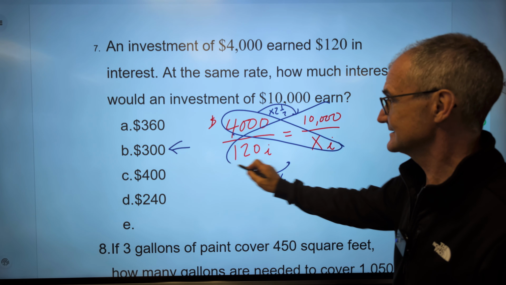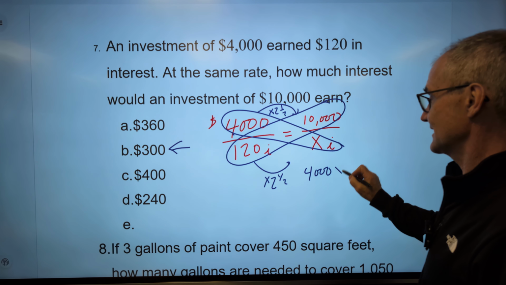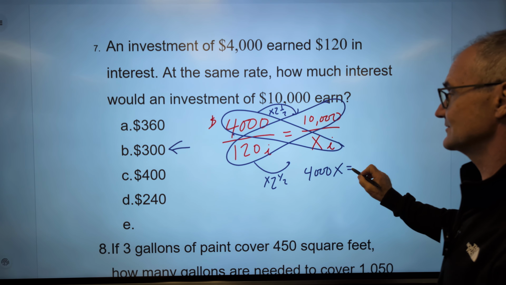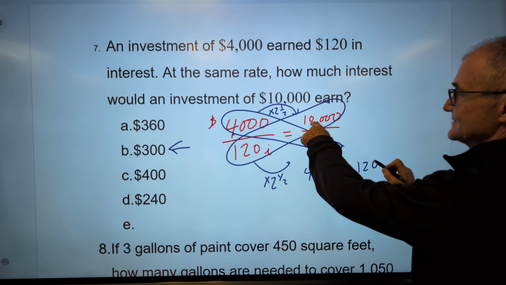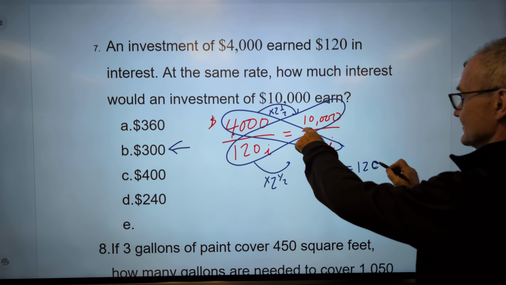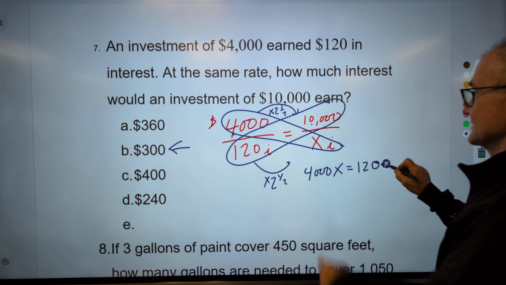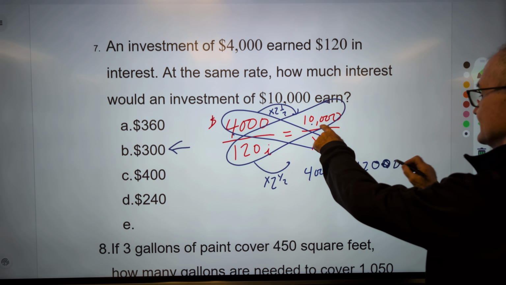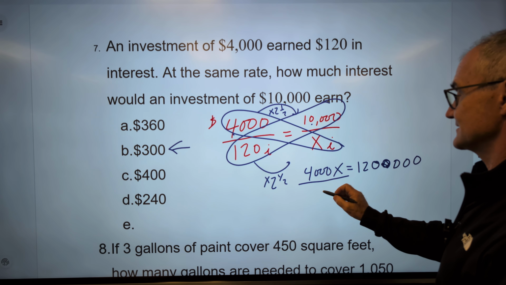Or let's go ahead and multiply that times that. Set it equal to that times that. So I have 4,000 times x is equal, and I'm just going to do zeros here, 120 times that, 1, 2, 3, 4. Then I'm going to divide just by the zeros first.